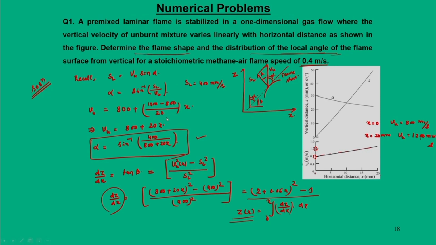This is a very simple problem which can be attempted, and this figure shows how z varies with x, and how alpha varies with x, that also you can see is plotted here. So, ultimately what those plots show is represented through this equation.